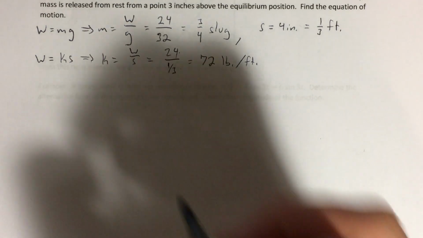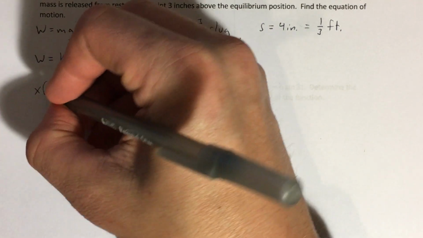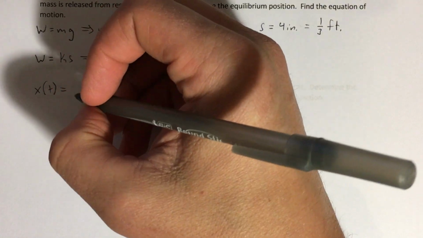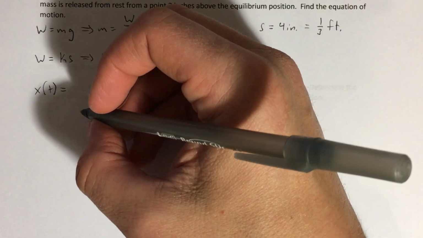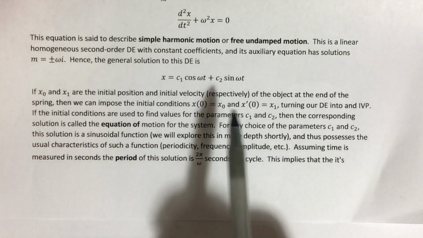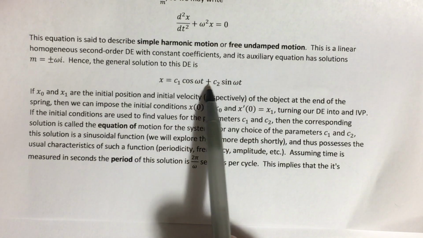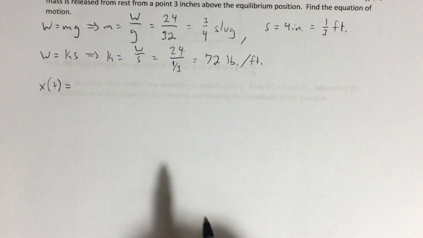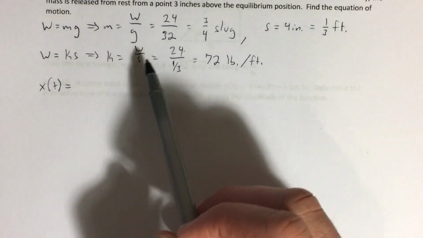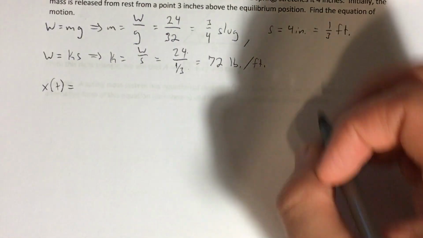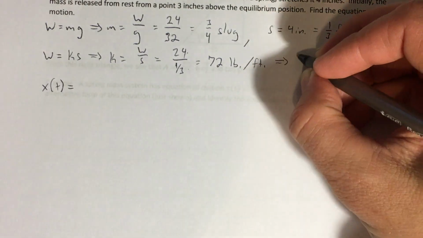We need to use those. So our equation of motion is going to look like this. That's the differential equation, but our solution will look like this: x of t is going to equal c1 cosine of omega t plus c2 sine of omega t, where omega is the square root of k over m, or, in fact, let me do this.